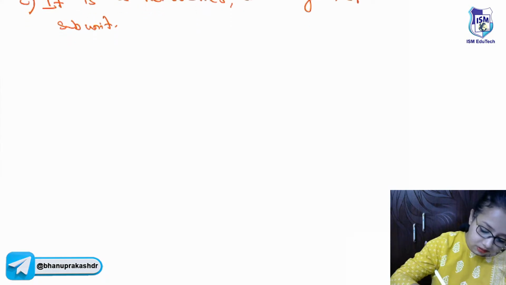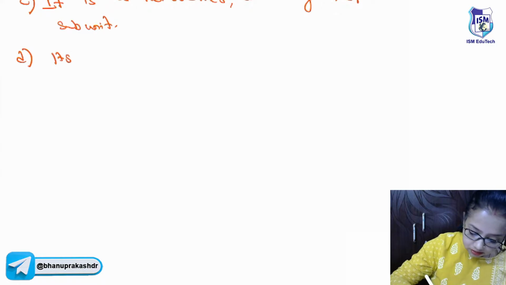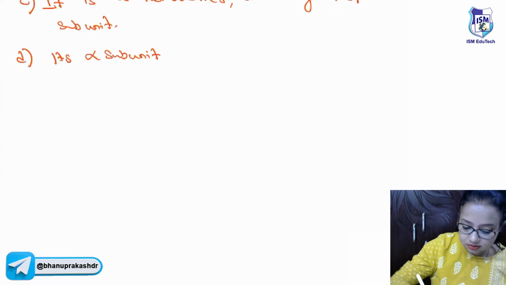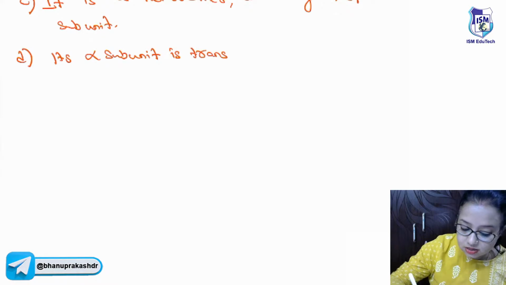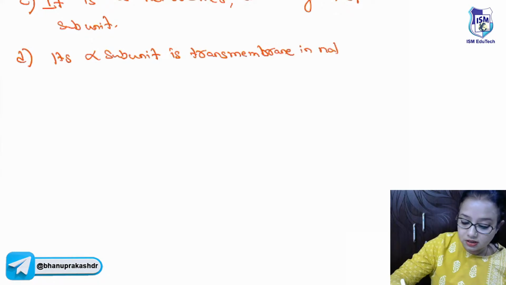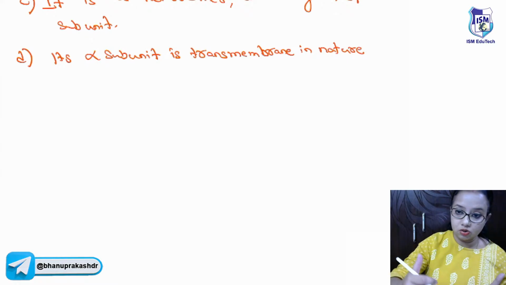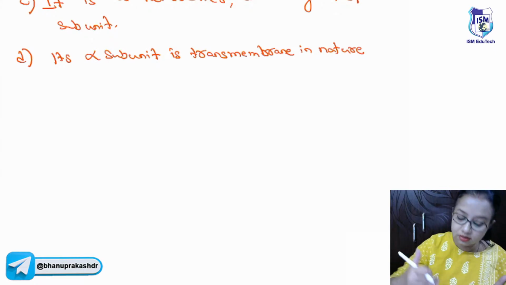Another thing is that its alpha subunit is transmembrane in nature. Like the alpha subunit goes all the way across from the ECF to the cytosol.